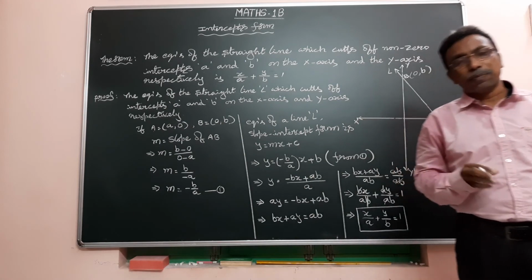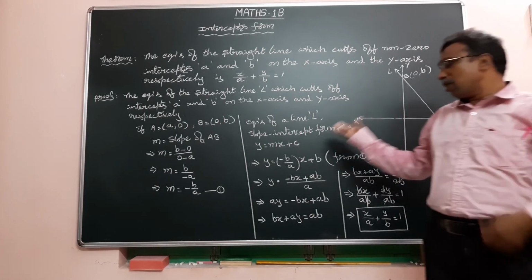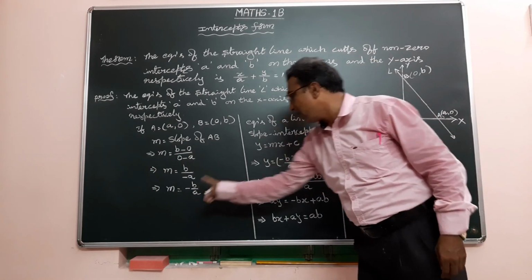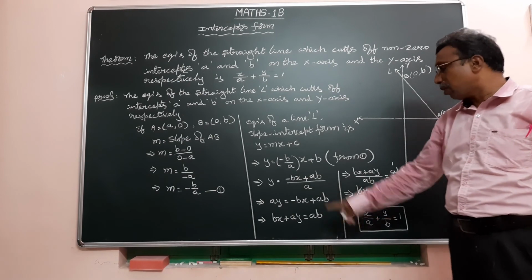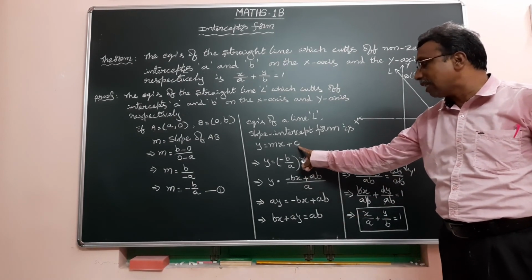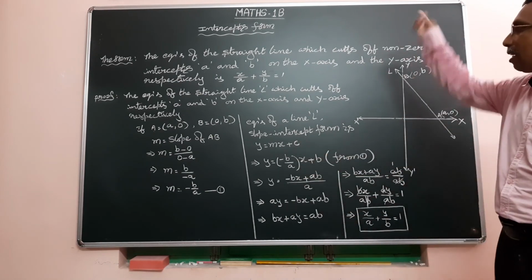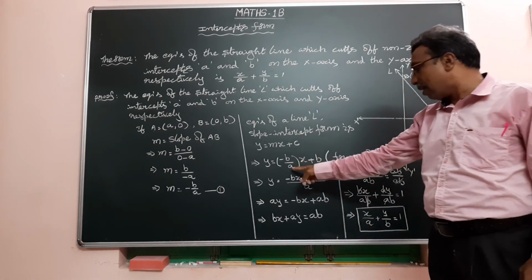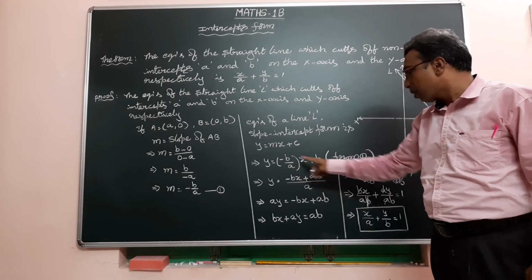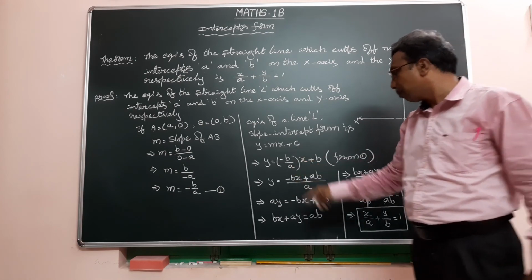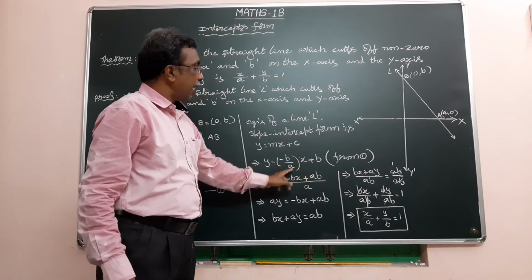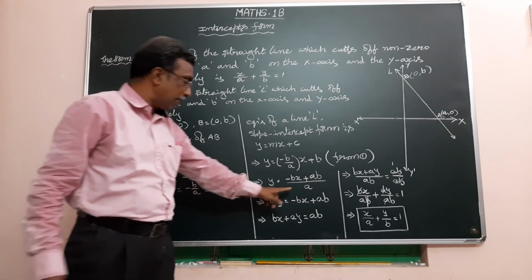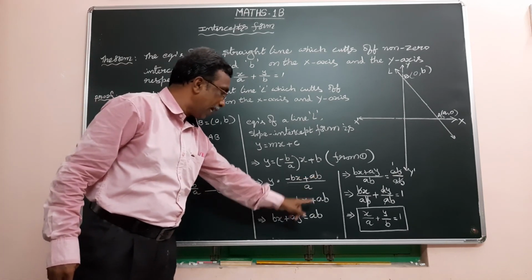Next, by using slope intercept form, already we know: y equal to mx plus c. Now we substitute this m value in this equation: y equal to minus b by a into x plus c. C is y-intercept. Y-intercept is b. By taking LCM, a: ay equal to minus bx plus ab.